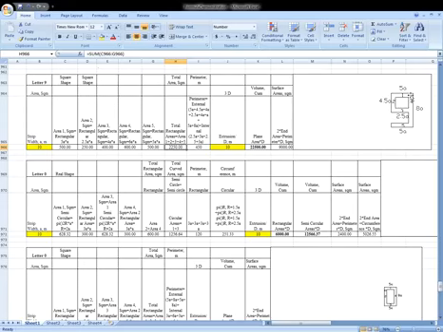Perimeter, let's say 5A, 4.5A, then 4, and then 2.5, 4, and 1, 5, and 8.